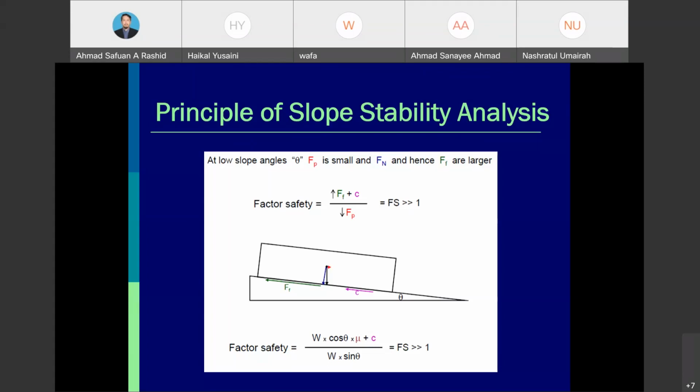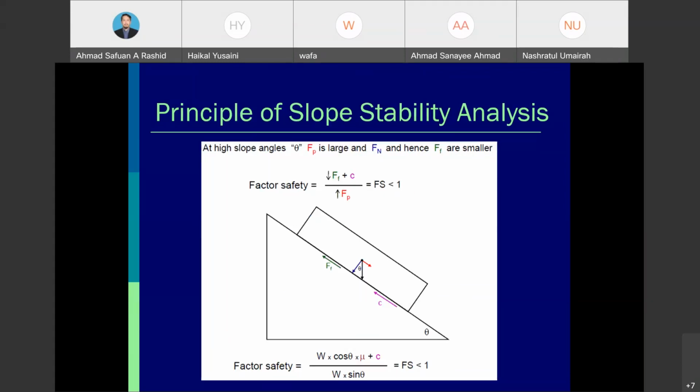So suddenly the slope will start to move, and it may cause problems to the residents or to any people living nearby the slope. That's why we need to design for a factor of safety greater than 1.5.